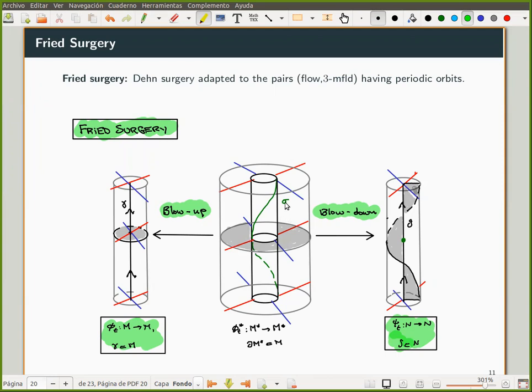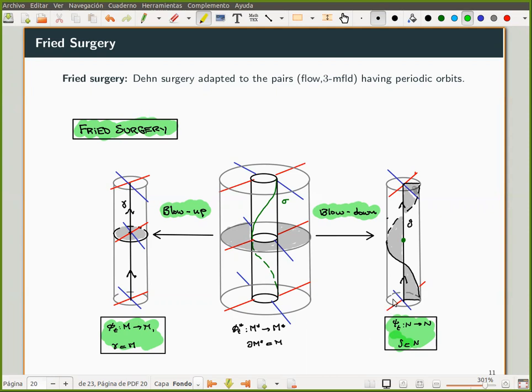Well, if the foliation by curves parallel to sigma is well chosen, we will produce here a new closed three-manifold equipped with a non-singular flow psi t in N.